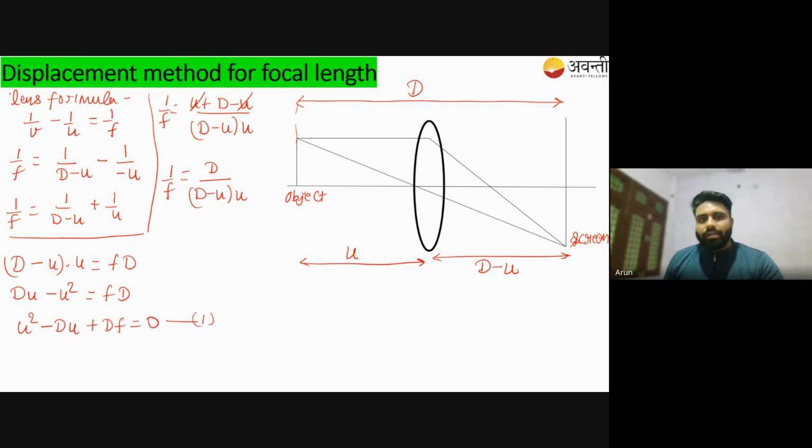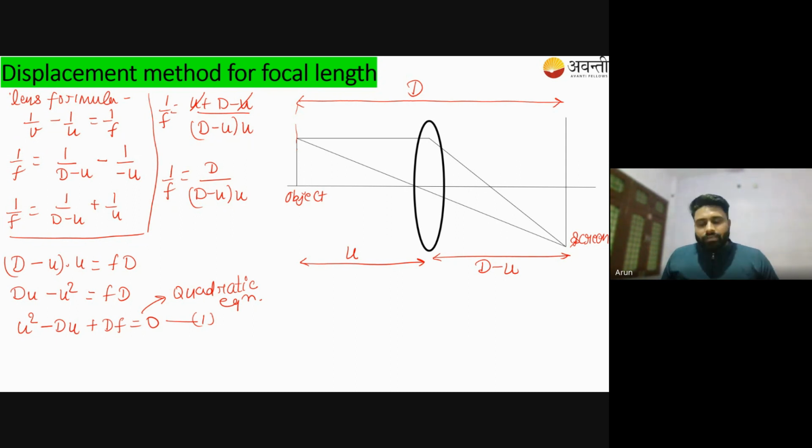So this is the quadratic equation you have, a quadratic equation in u and D, because f is constant. So if this is a quadratic equation, then definitely we are going to have roots of it.